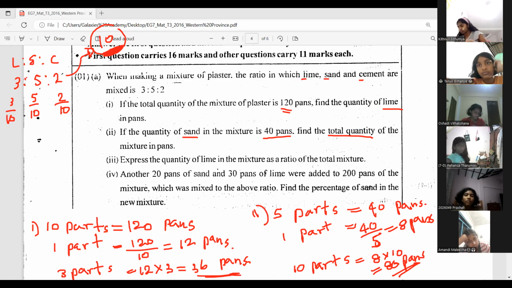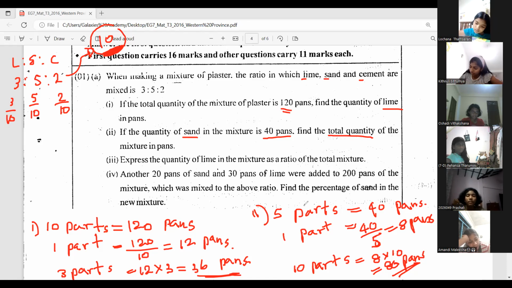Right. Then look at the third part. Express the quantity of lime in the mixture as a ratio of the total mixture. Right. Can you tell me how many parts of lime? 3 parts, no? Right. So lime has 3 parts. You have to write the ratio to which one? The total mixture.